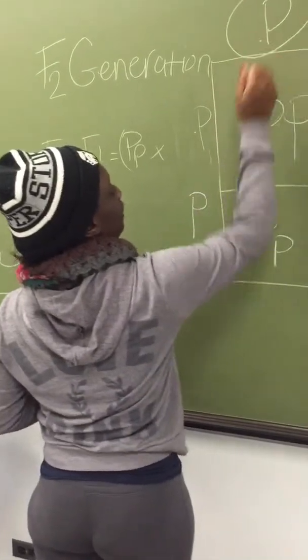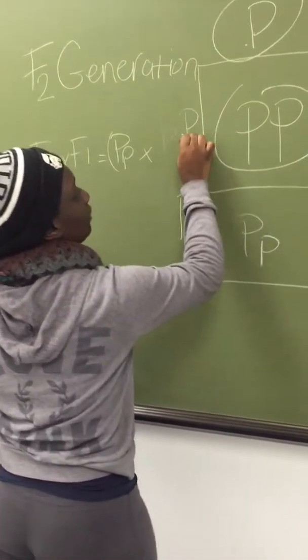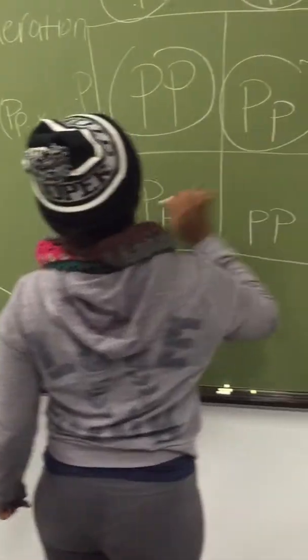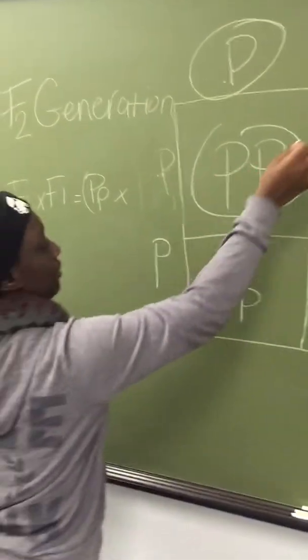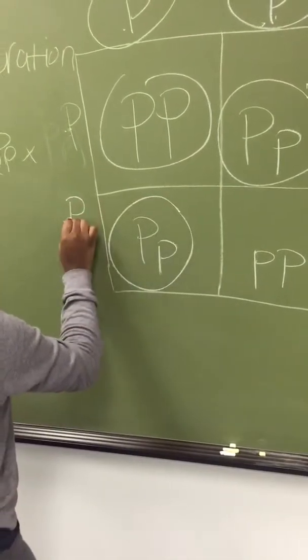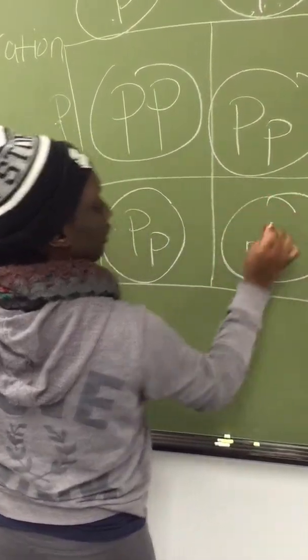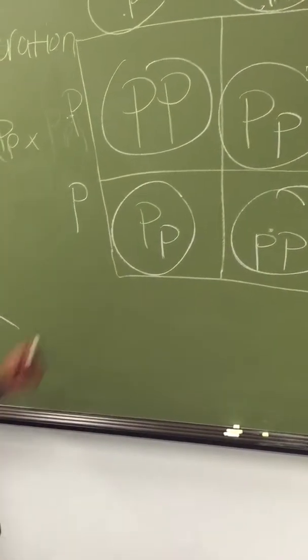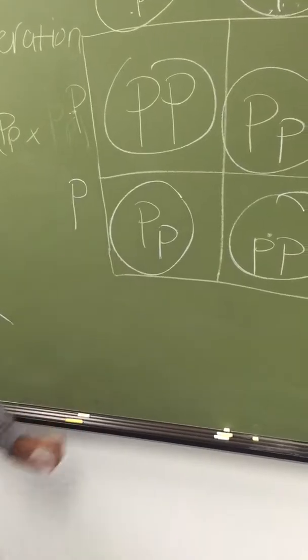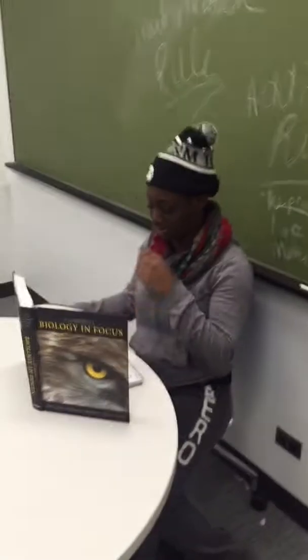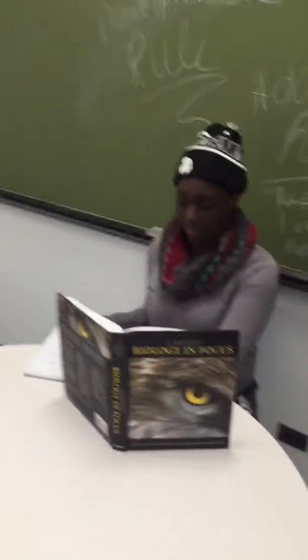So this P times this P makes this one. This P times this P makes this one. This P times this P, same thing. This P times this P, and there we have it. Punnett square.